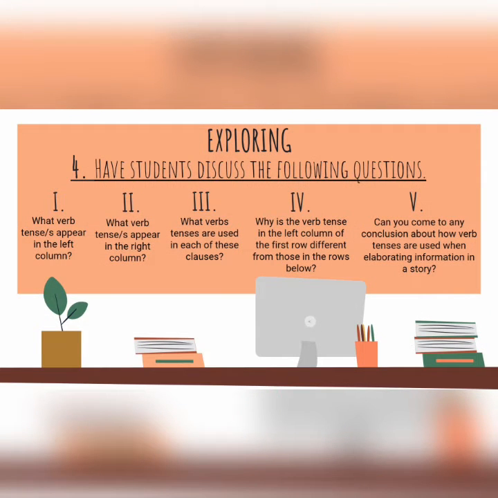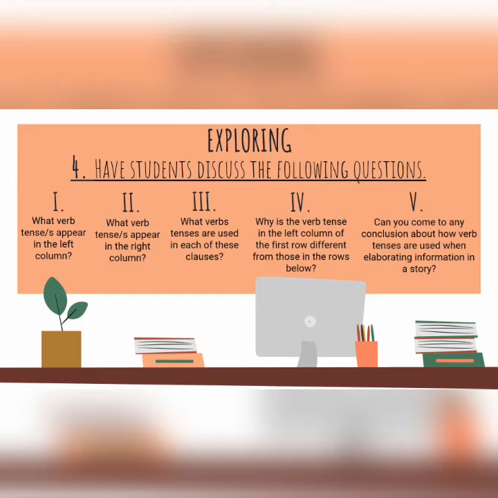In the fourth point, in the next part called exploring, the students have to discuss the following questions. First, what verb tense or tenses appear in the left column? Second, what verb tense or tenses appear in the right column? In the third question, they have to find the clause in the right column that talks about doing actions, the clause that talks about the thoughts or feelings of the characters, and the clause that talks about what someone or something is like or appears to be like.